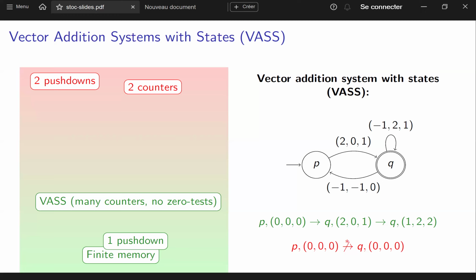You first take the transition from P to Q and then the loop once. However, you cannot go from state P with counters at 0 to state Q with counters at 0. Indeed, the only transition from P to Q increases the last counter, and there is no transition to decrease it. The reachability problem for VAS is decidable, no matter how many counters you have, but it is extremely hard. It is Ackermann complete.